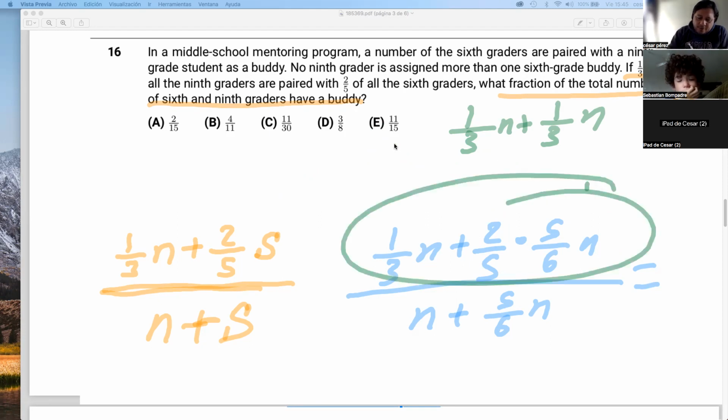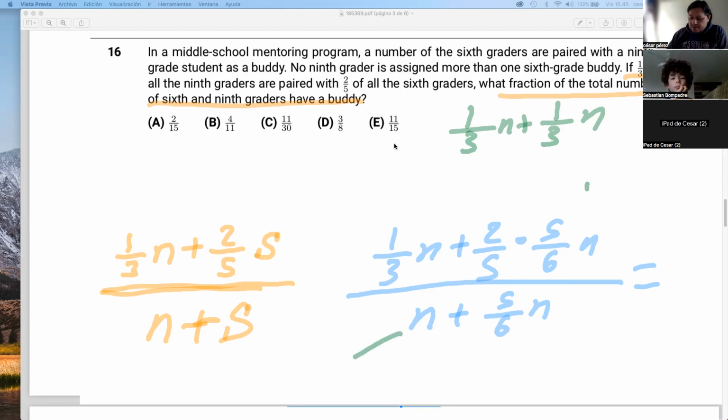Now, how are we going to make this addition? We can write this like 6/6. Okay. What will we get here in this part? 11/6. Okay. So we will get 11/6 n.